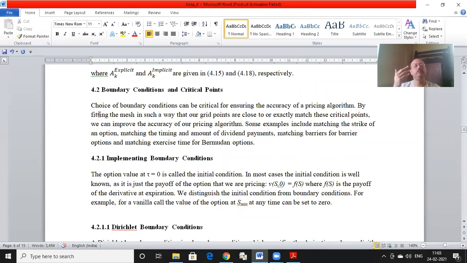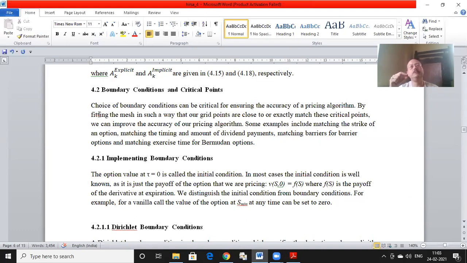So we want to place our mesh so that these critical points either exactly match one of the horizontal lines, or are very close to an exact line.